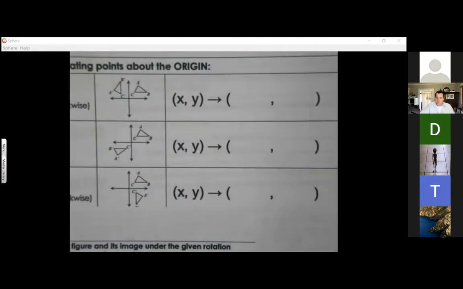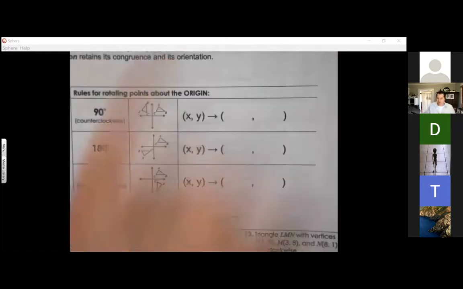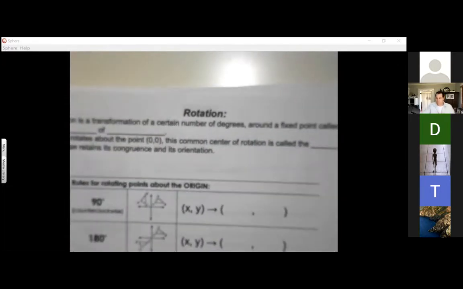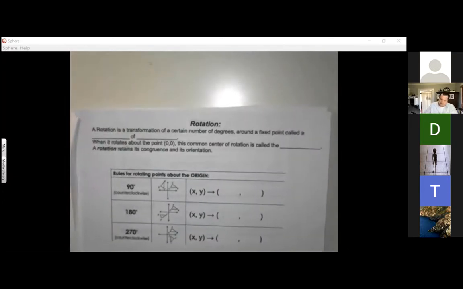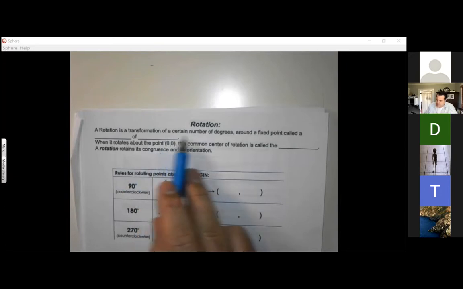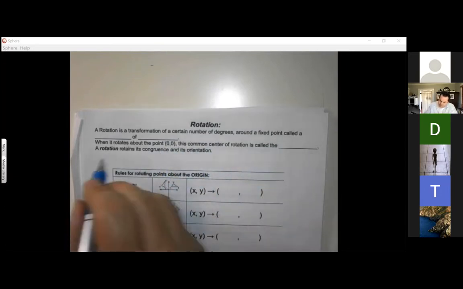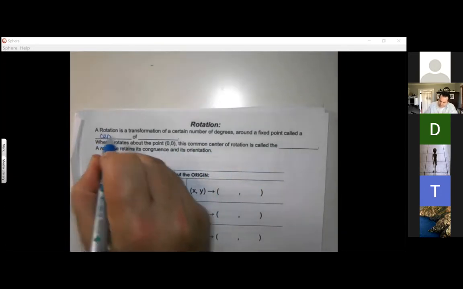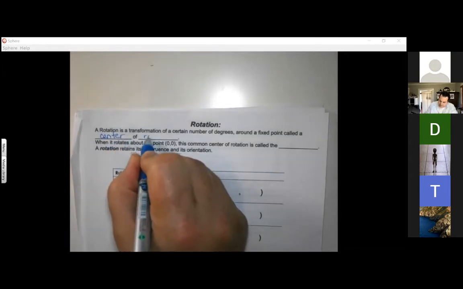So let's move on to the third one, which is rotations. A rotation is a transformation with a certain number of degrees around a fixed point called a center of rotation.